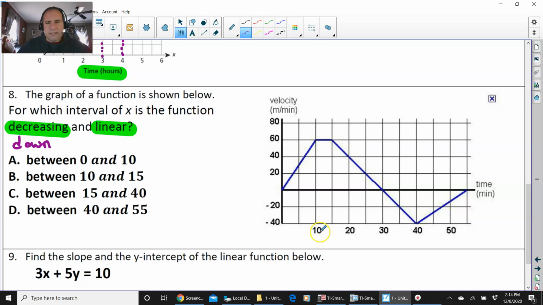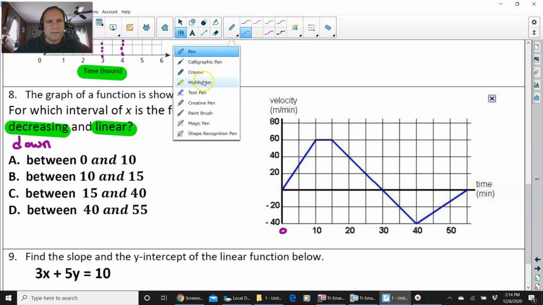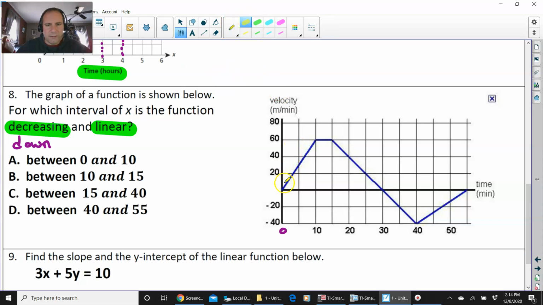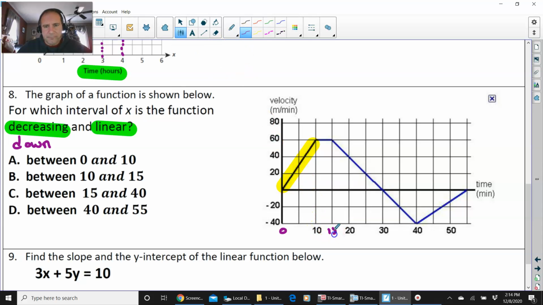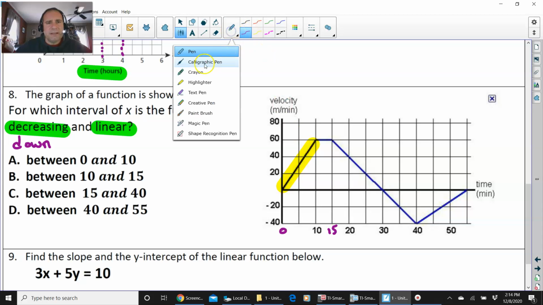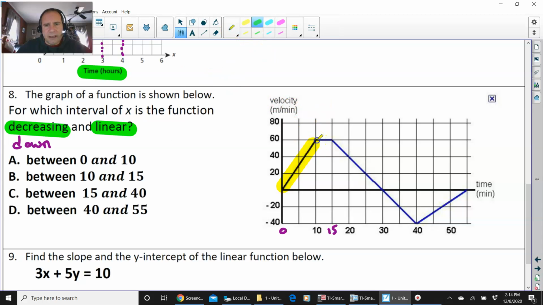Okay, 0 to 10. Here's 0. 0 to 10 is this right here. That's increasing. So that's not it. And then from 10 to 15, which is right here, that's not decreasing.